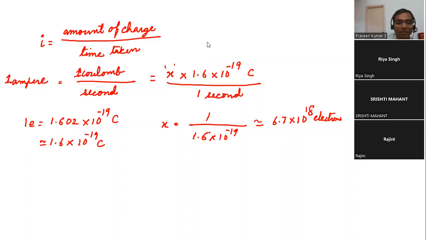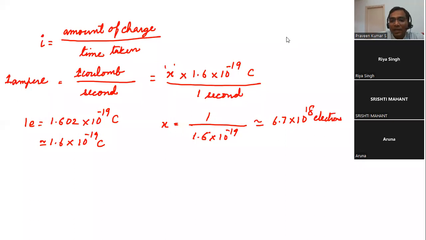So it is 1.5 into 5 ampere, so 1.5 into 5 into this 6.7 into 10 power 18. You should be able to keep tweaking this number and keep calculating.